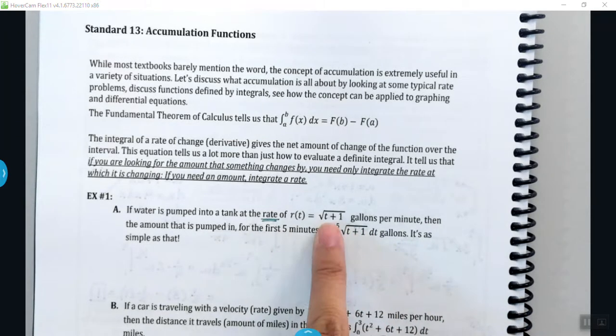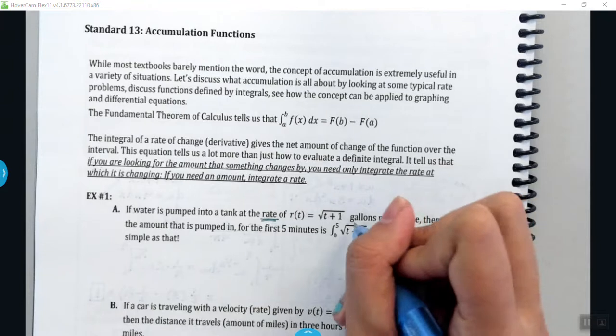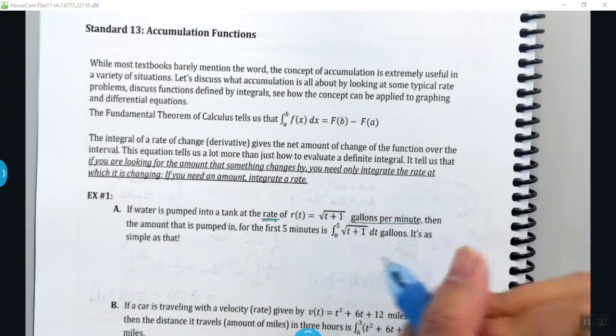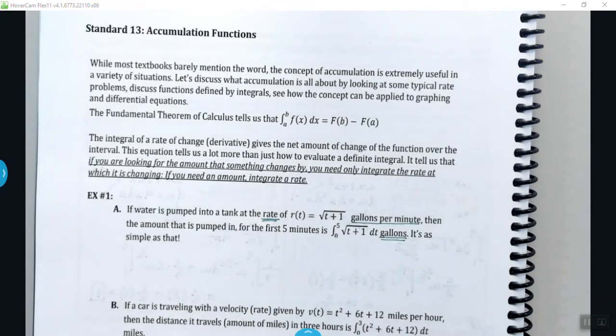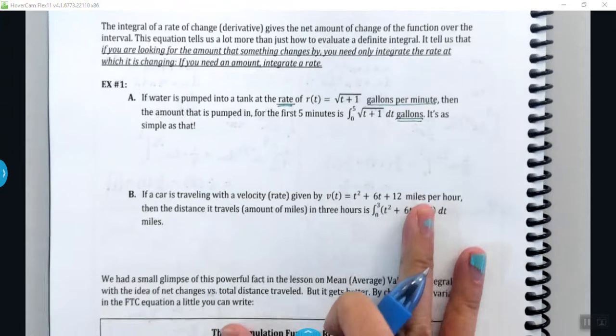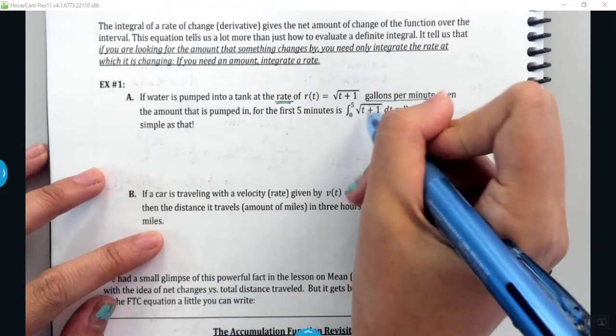So if this rate is in gallons per minute, if you integrate the rate, you end up with the total amount of gallons from 0 to 5, right? Okay, so all we have to do is integrate this.